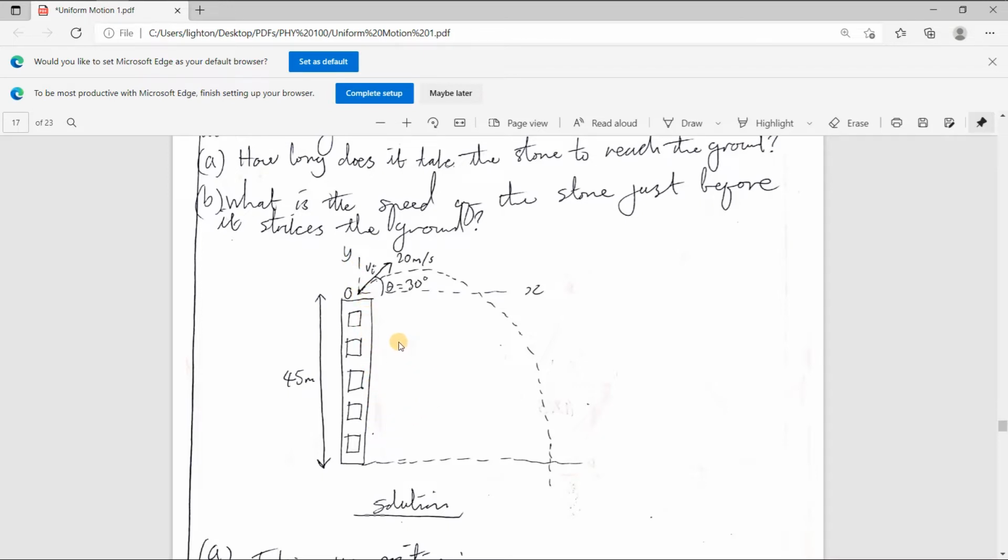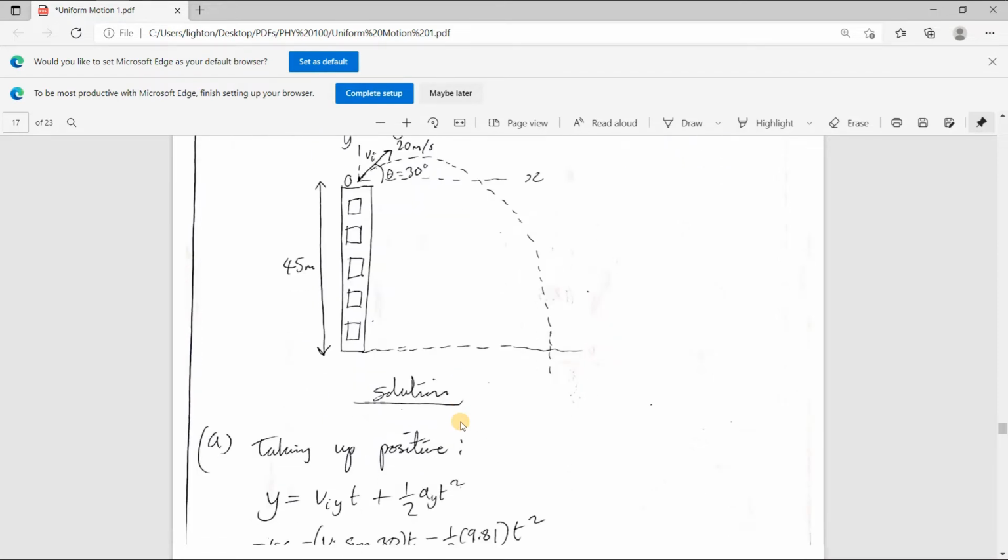Since this is 45 meters below the origin, this 45 will have a negative displacement. So we'll use this negative displacement to find the time.